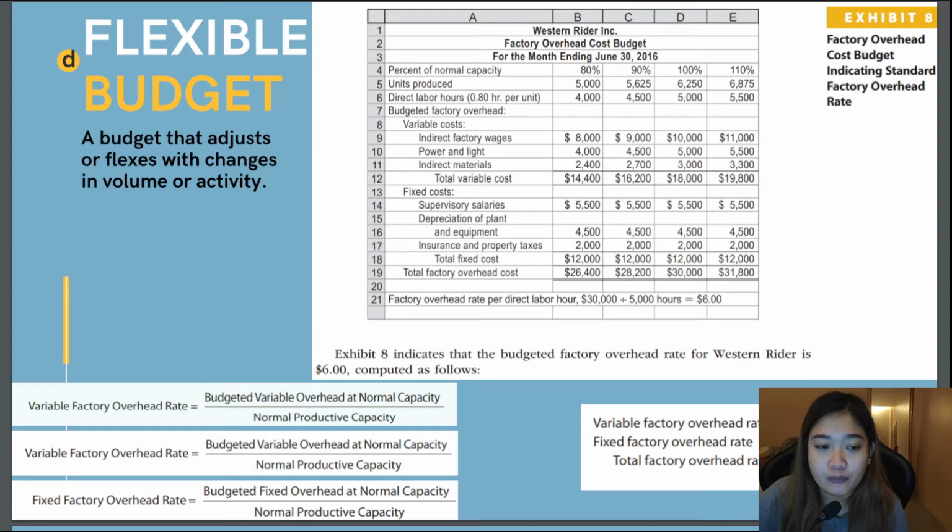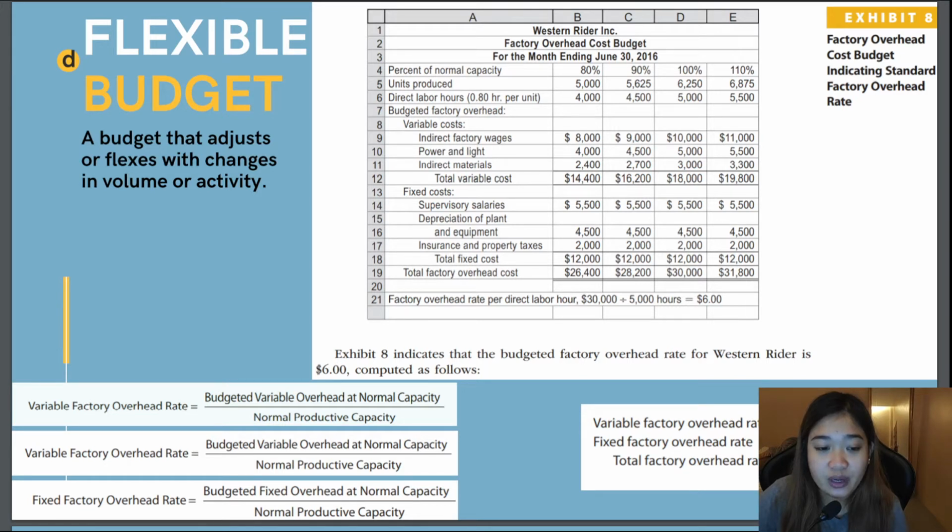For the variable factory overhead rate, we divide budgeted variable overhead at normal capacity over normal productive capacity, which for variable cost, we have 18,000 variable cost over 5,000 direct labor hours equals $3.60 per direct labor hour.